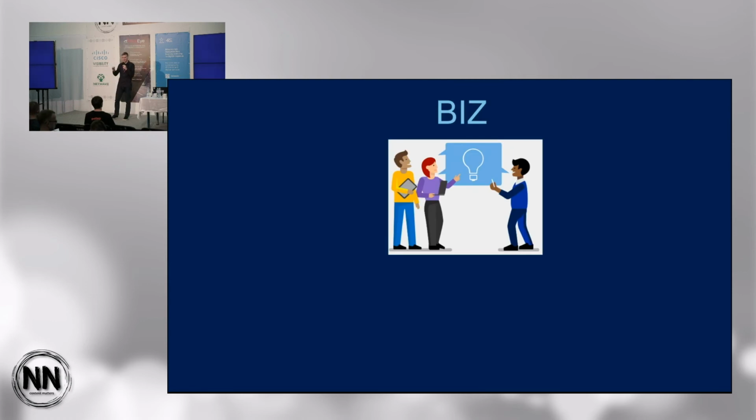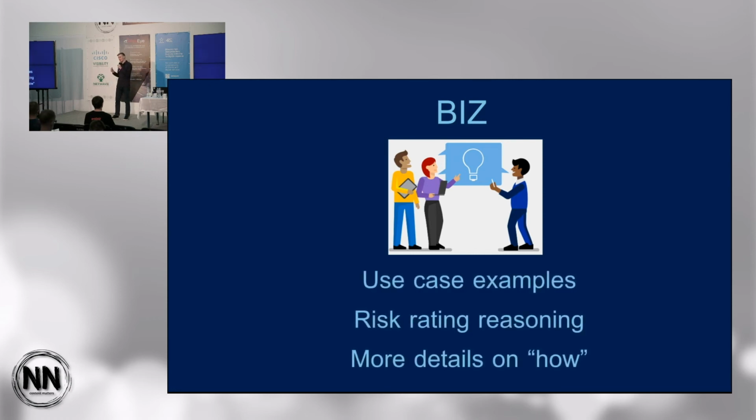If you feel that business is having more interest or being the end user of your report, try to add some use case examples. You can even add some real world examples, saying remote code execution led to this particular hack in 1958 or something. No, it didn't.